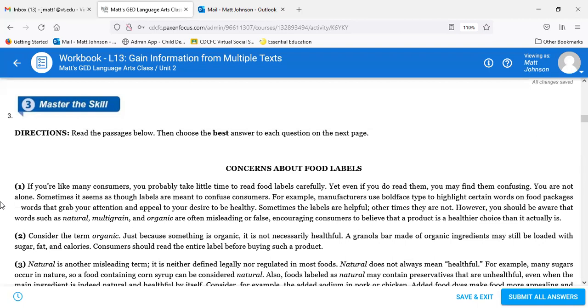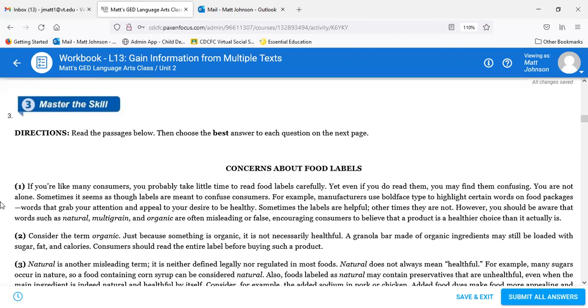If you're like many consumers, you probably have little time to read food labels carefully. Yet even if you do read them, you may find them confusing. You are not alone. Sometimes it seems as though labels are meant to confuse consumers. For example, manufacturers use boldface type to highlight certain words on food packages.